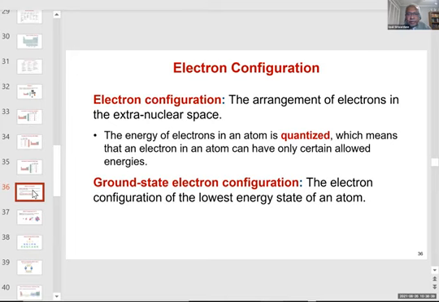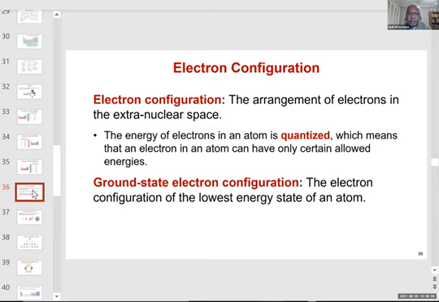The energy of an electron in an atom is quantized, which means that an electron in an atom can have certain allowed energies. This is called quantum theory.